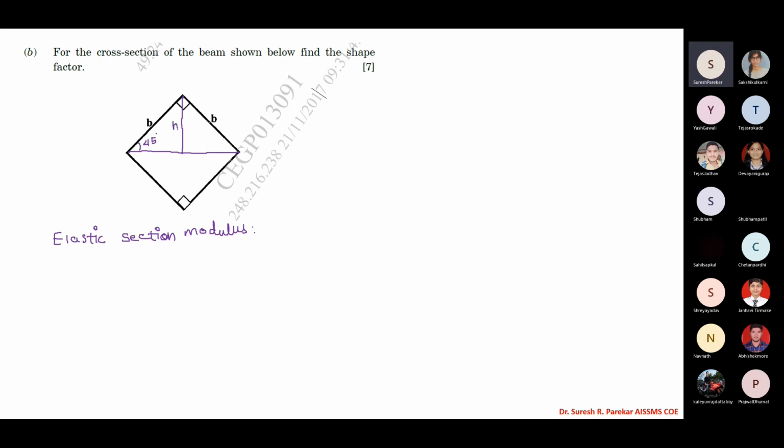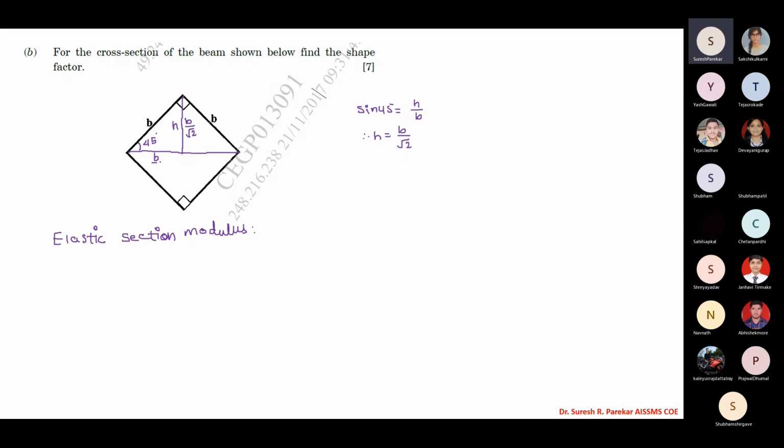If I will say H, then we will get it as sine 45 is equal to H by B, and therefore H equal to B by root 2. So we have this as B by root 2. As it is square, so we have this also as B by root 2.